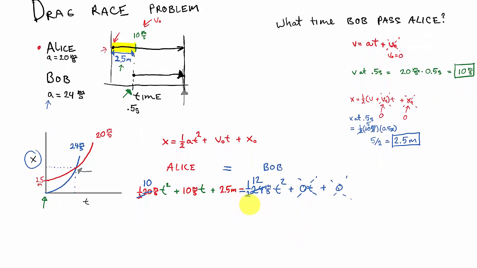We will subtract 12 t squared from both sides, which is going to give us the quadratic equation of -2 t squared plus 10 t plus 2.5.